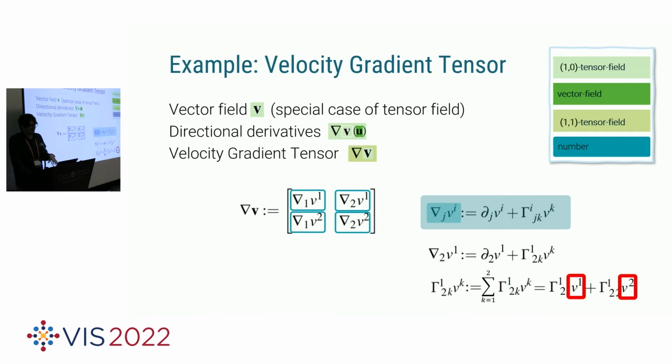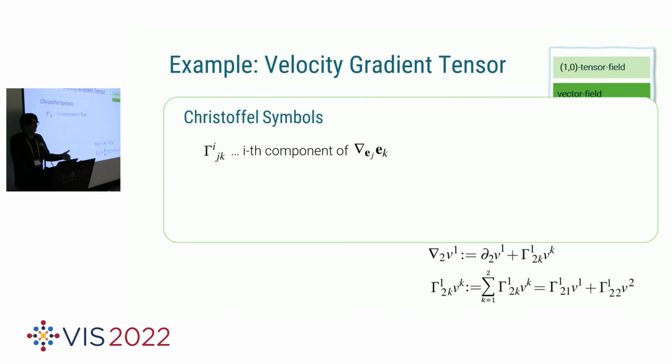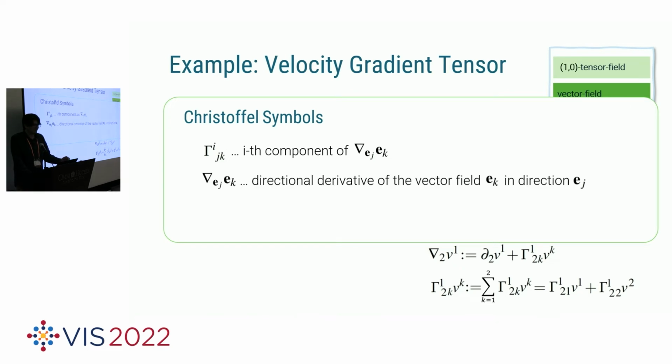What I wanted to say, okay, briefly speed this up here. You have to use these Christoffel symbols, and we can actually get them from the basis vector fields. These are just the directional derivatives of the different basis vector fields.